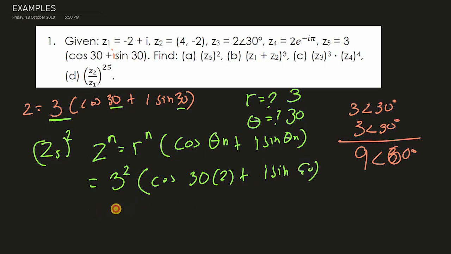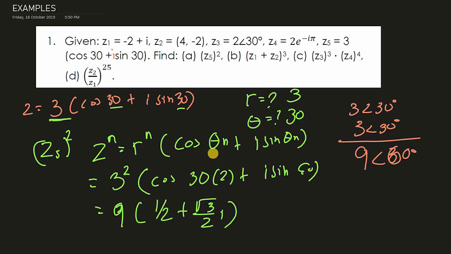So to solving for that, 3 squared, that's 9. Cosine 60, solve natin. Cosine 60 is equals to 1/2 plus sine 60 is equals to square root of 3 over 2i.